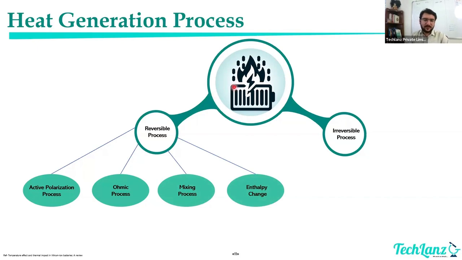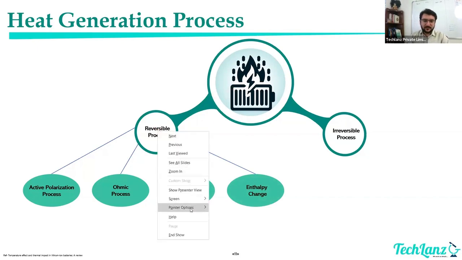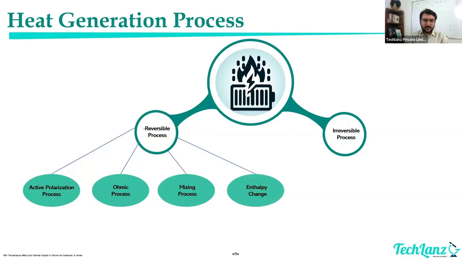This should be reversible. I'm sorry, there's a typo. So this is irreversible and this is my reversible. Sorry for the typo, right? And for reversible, there is entropy change, right? So for the irreversible process, there is active polarization, ohmic losses, mixing process, enthalpy change. And for the reversible process, there is entropy change.